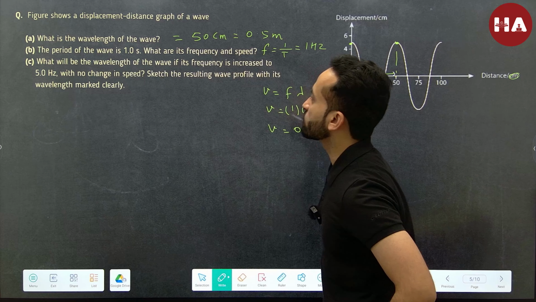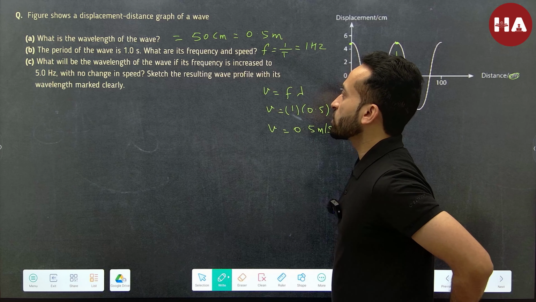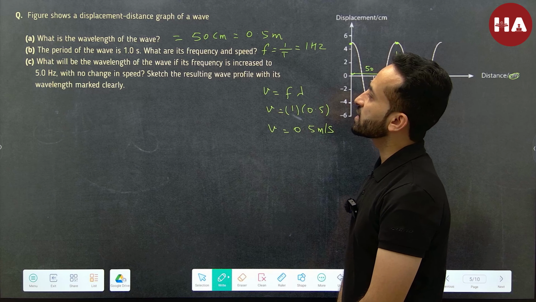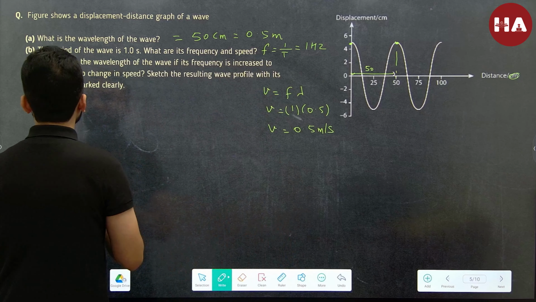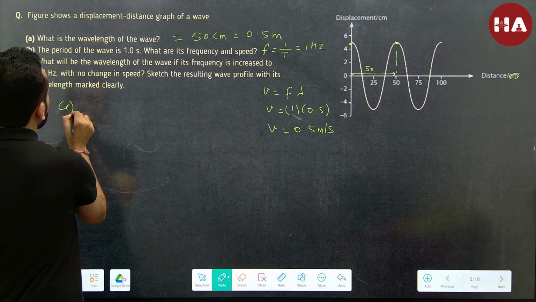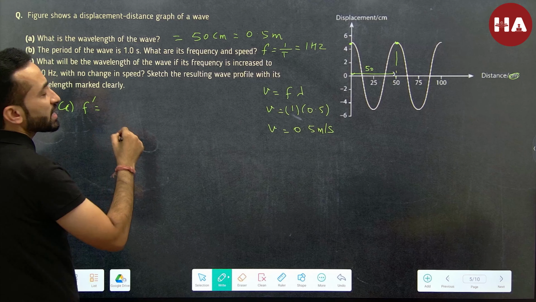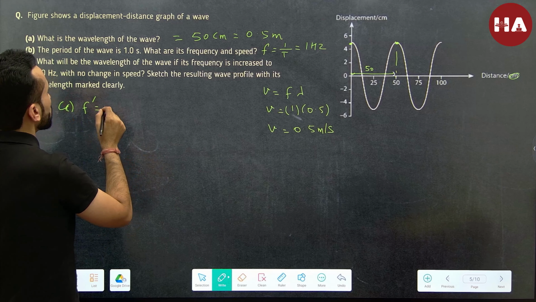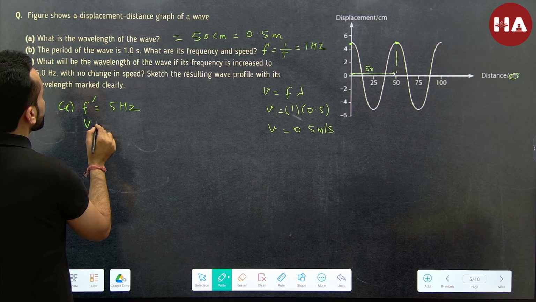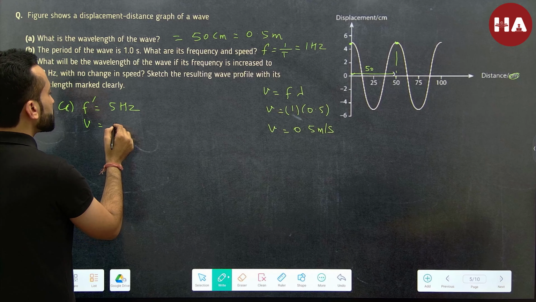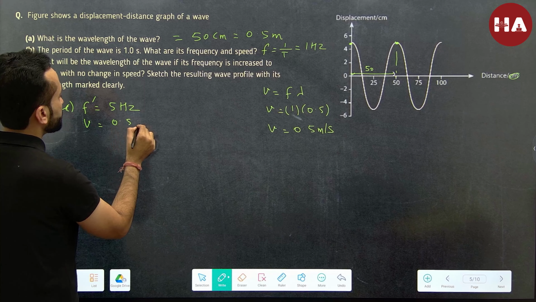Then what will be the wavelength of the wave if its frequency is increased to 5 hertz with no change in speed? So now the next part, students, the C part, the new frequency, let's call it f bar, f dash, whatever you want to call it, is 5 hertz. But the speed is still the same, 0.5.